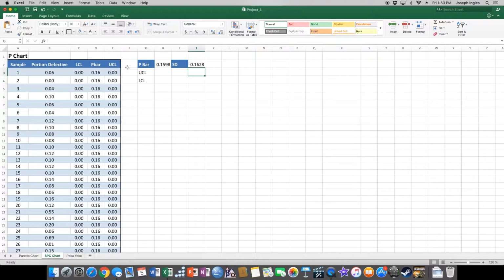Now, we're using the assumption of a normal distribution, which we can do for several reasons. Number one, because our sample is at least 30 big. Number two, because if we take the portion defective times the portion not defective, we get all of the rules that are necessary for us to be able to assume a normal distribution.